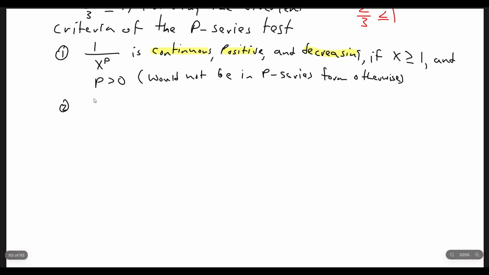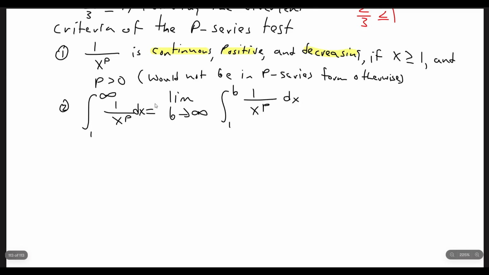So we can say here, improper integral from 1 to infinity of 1 over x to the p. This would then be the limit as b approaches infinity of the integral from 1 to b of 1 over x to the p dx. Let me think like a programmer here and put an if and an else. If p equals 1, then we can't use the power rule, we'd be dealing with natural log.